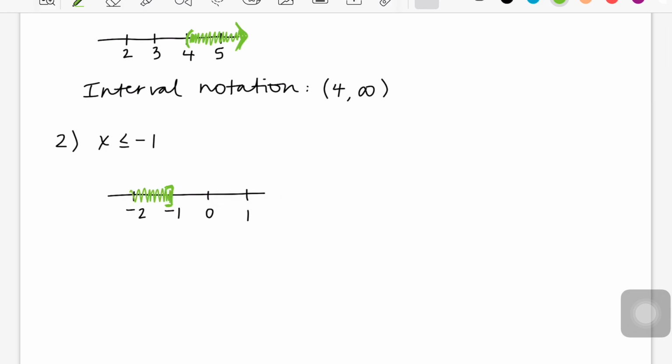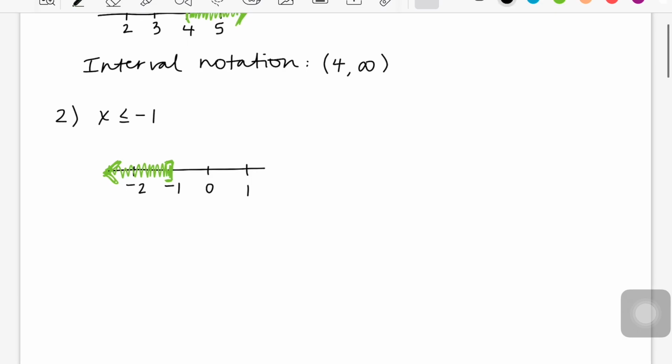And we're looking at all these values and so on. Then in interval notation, I'm just going to abbreviate that as IN, we have negative infinity, and again, we're using the parenthesis, all the way up to negative 1, and we're including negative 1, so we're using our bracket there.